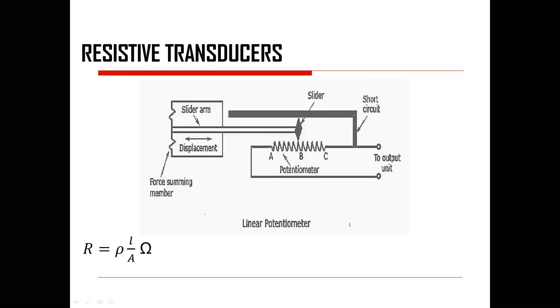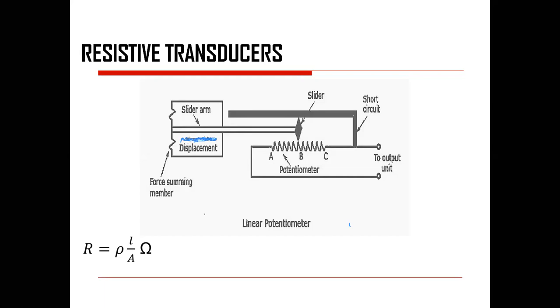Now, resistive type of transducer. If you try to visualize the figure, that is your linear potentiometer, and this is the displacement which it is covering.